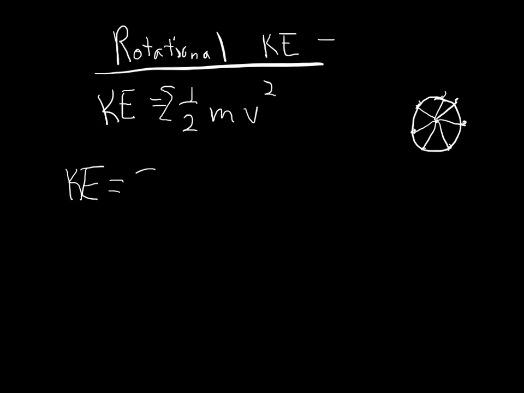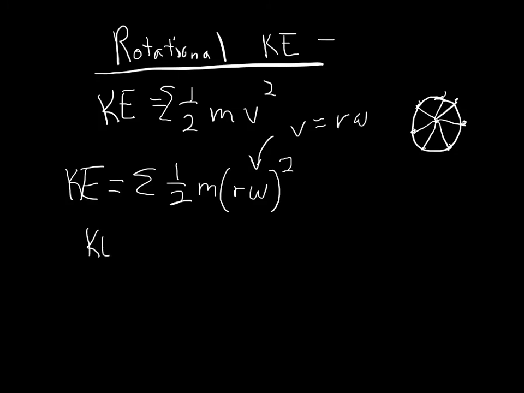So kinetic energy is going to be equal to the sum of 1/2 times m, and instead of v, I'm going to plug in the rotational analog to v, r times omega, to get that rotational velocity in there, that omega. We remember that v is equal to r omega from chapter 7.